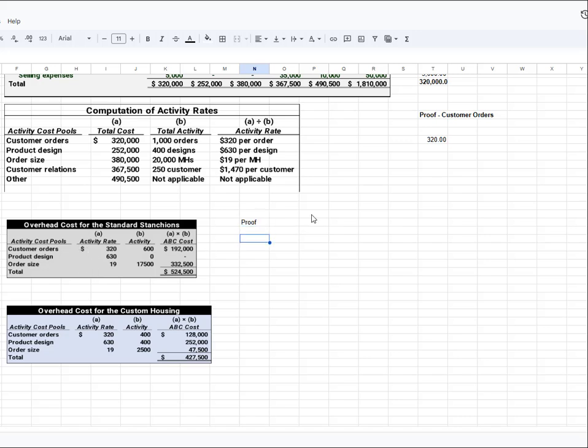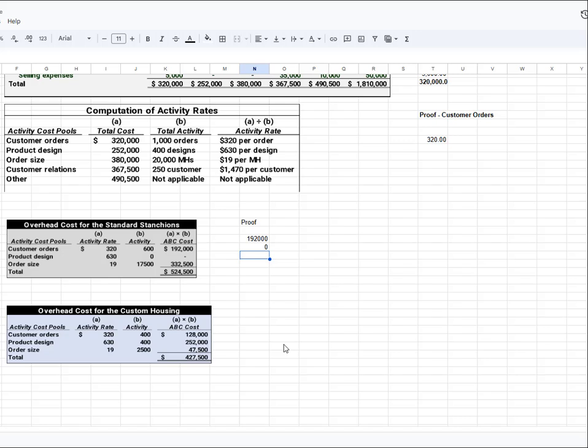For customer orders, it's $320 per order times an activity of 600. So you get 600 times 320. Cool, you get 192,000. Product design, you had $630 per design, and you had 0 of the activity, so you get 0 of the costs.